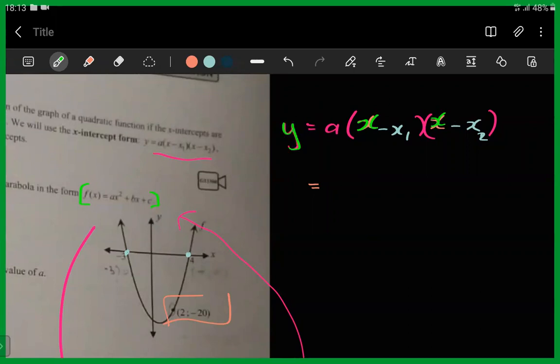So if you put an x value where x is, which will be this here, and you put a y value where the y is, which will be the negative 20, you'll see that for x1 and for x2, you will be able to put in these values here: the negative 1, the negative 3, and the positive 4. So doing that, you will just have a as the only thing that you'll be looking for, and the moment you solve for a, you will be done with your question.